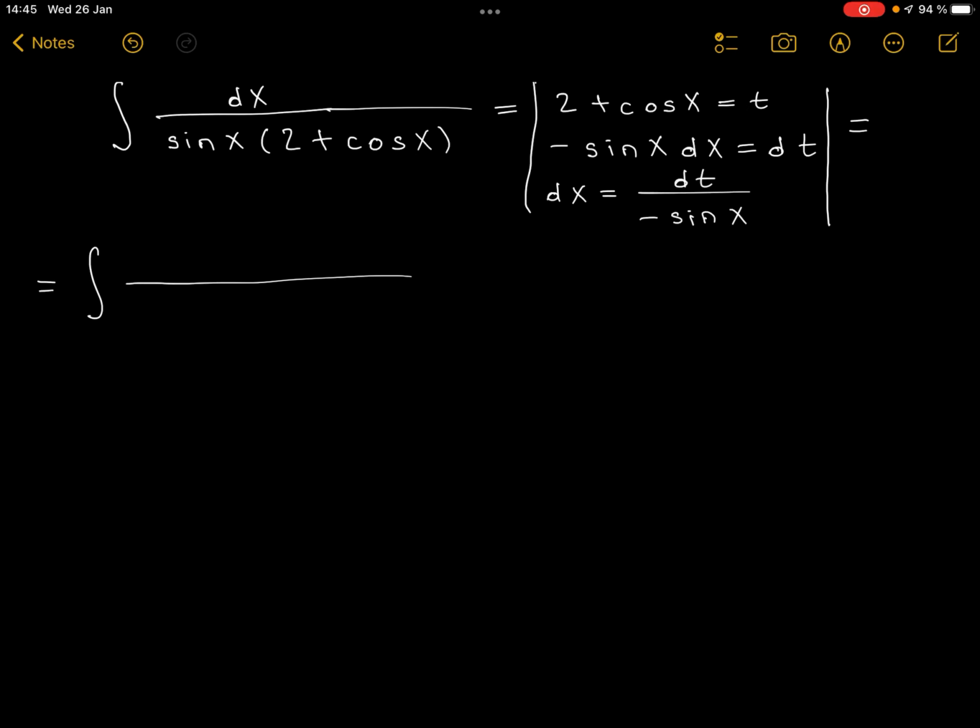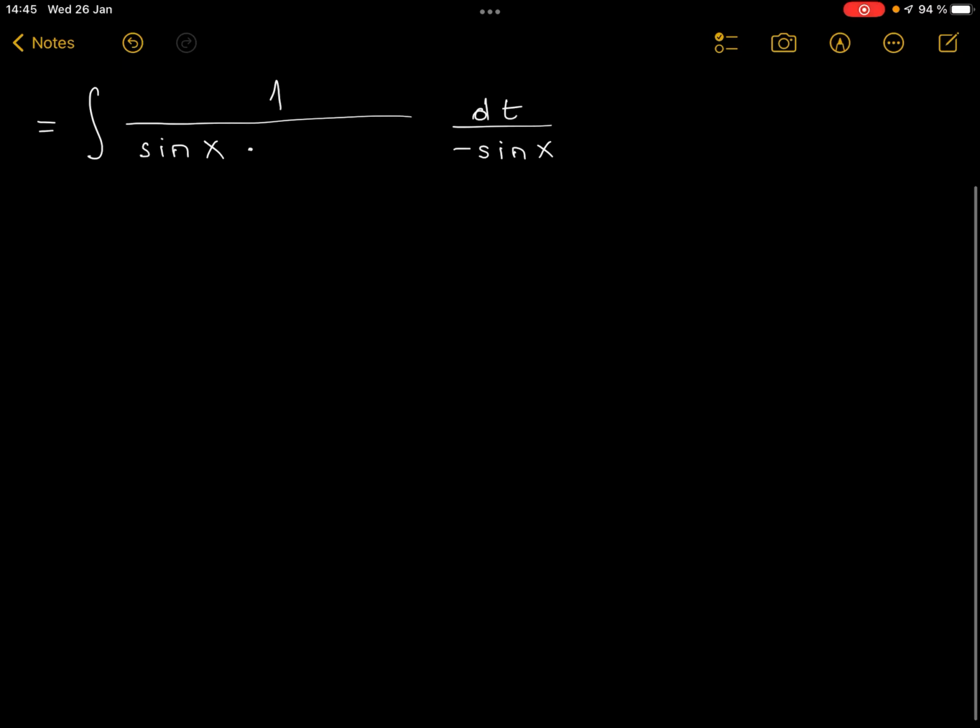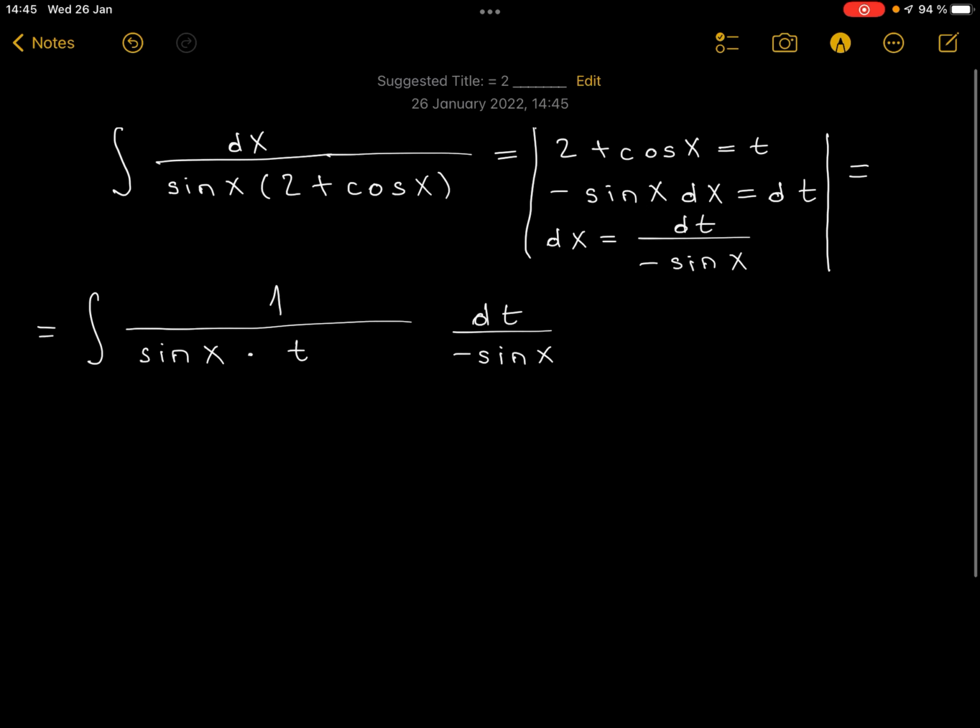So here I'm going to just write 1, and instead of dx, I'm going to put dt over minus sine x, and here I'm also going to put in sine x, and instead of 2 plus cosine x, I'm just going to put in t.